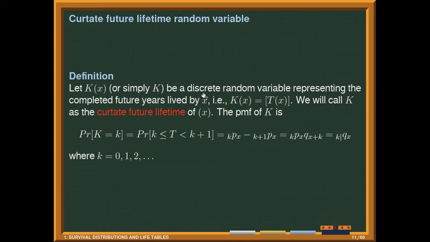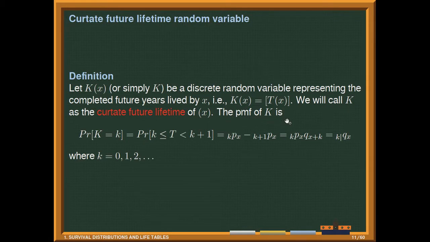That is, K of x is equal to the greatest integer value of T of x, the floor function of T of x. We call this random variable K the curtate future lifetime of a person aged x. So this is a discrete random variable.